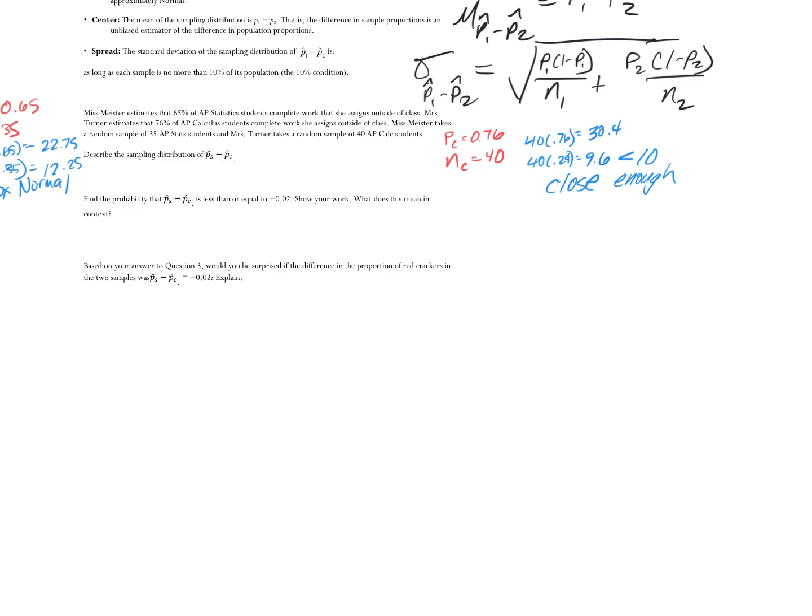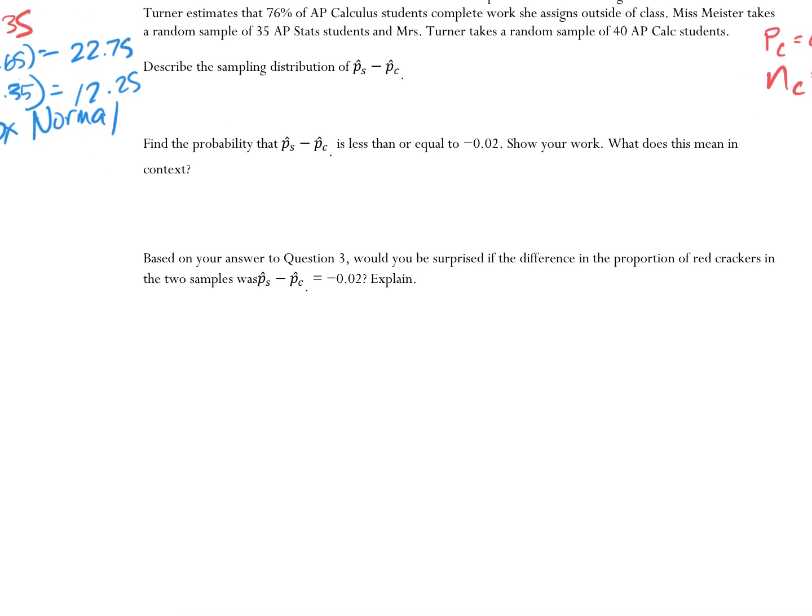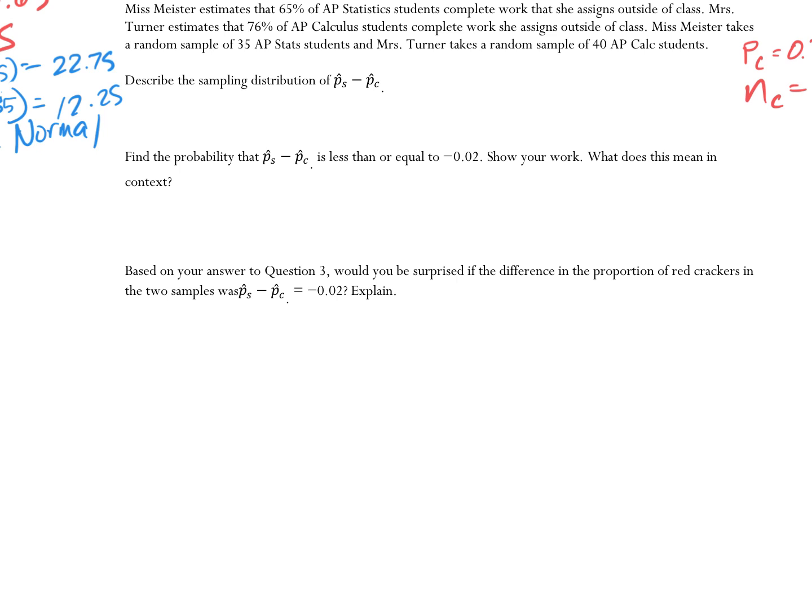Okay? All right. So, you guys, if I do normal minus close to normal, are you cool with saying that the shape of p hat s minus p hat c will be approximately normal? And what will the mean of the differences be? We're doing statistics minus calc.